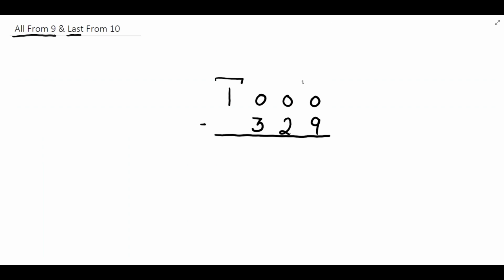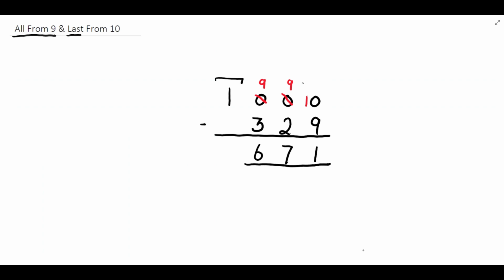So basically, here you can consider all of these digits as 9, and the last digit you can consider it as a 10, and you can go on with the subtraction process as usual. So you get 6, 7, 1, and this is how all from 9 and last from 10 works.